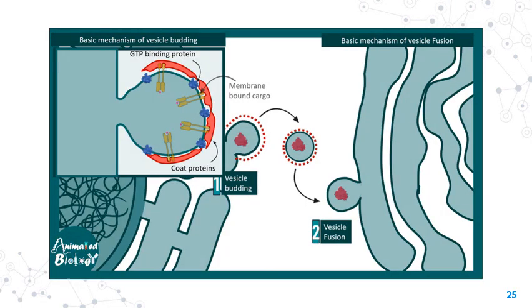How is it that you do the budding? This is happening in a similar way as we have seen with clathrin, but with details on the different proteins that get involved. Okay. First thing you're going to have over here is a GTP binding protein. And also you're going to have those adapter molecules, those coatomers. Okay.